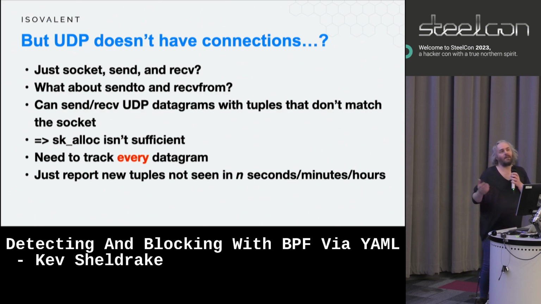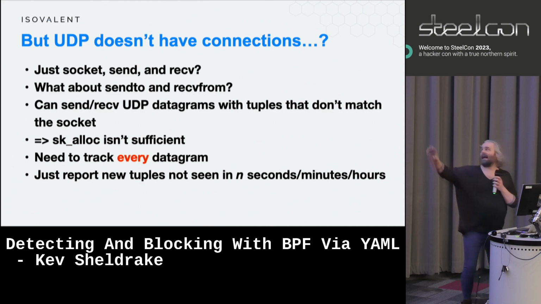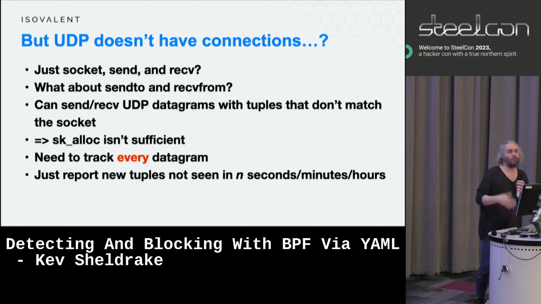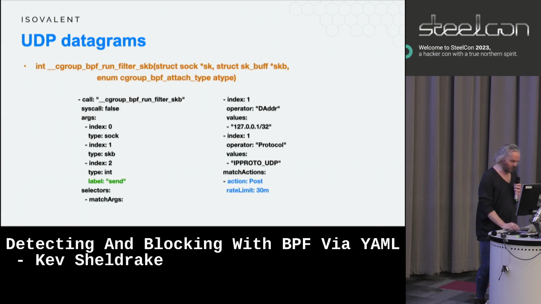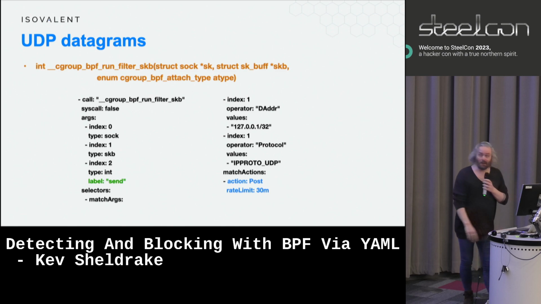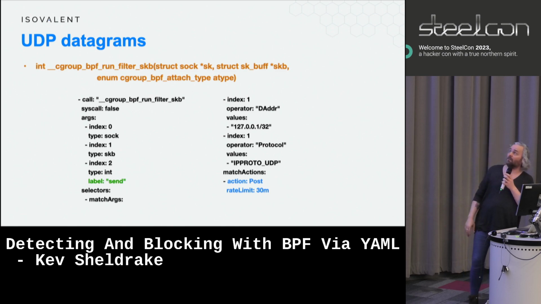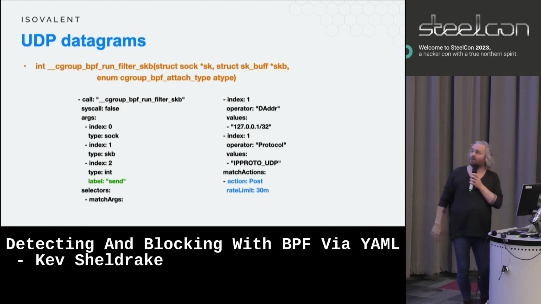So if you had a DNS tunnel, every N time you'd see another one of those messages to say it's still talking on this port, but it minimizes the amount of data that you have to throw around. And again, UDP is really trivial. You can just hook a point which sees every datagram, and you can match it on where it's going.